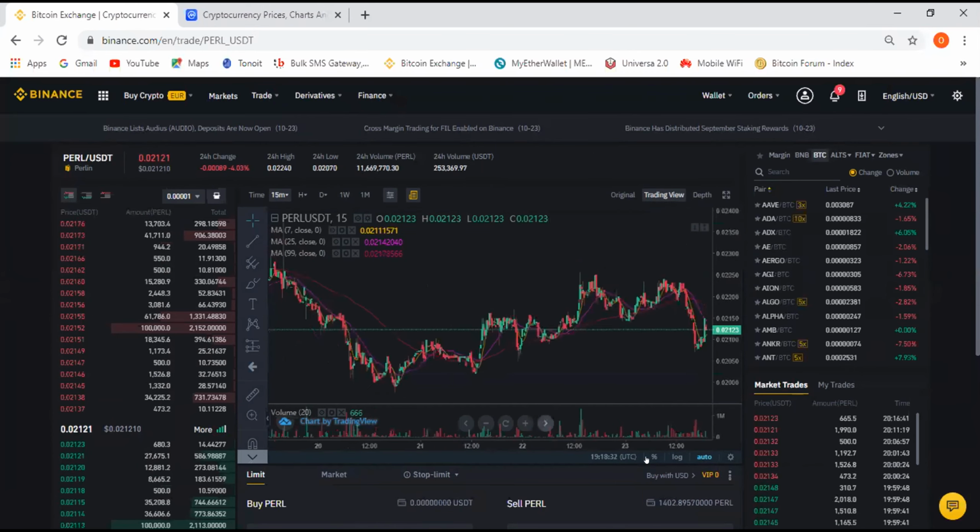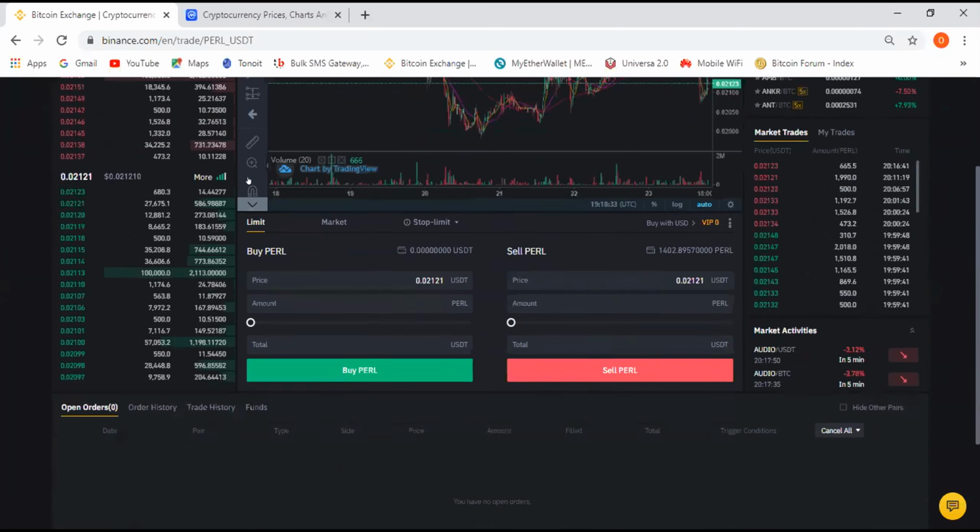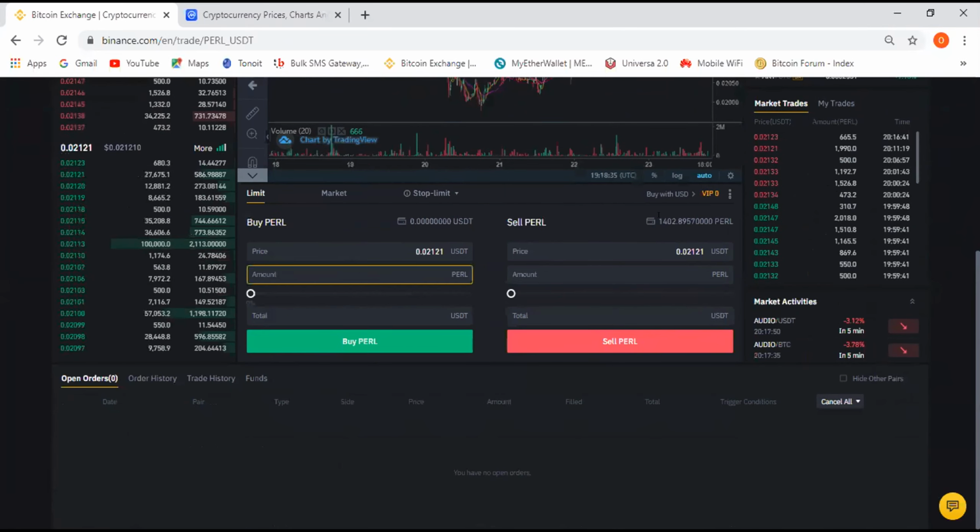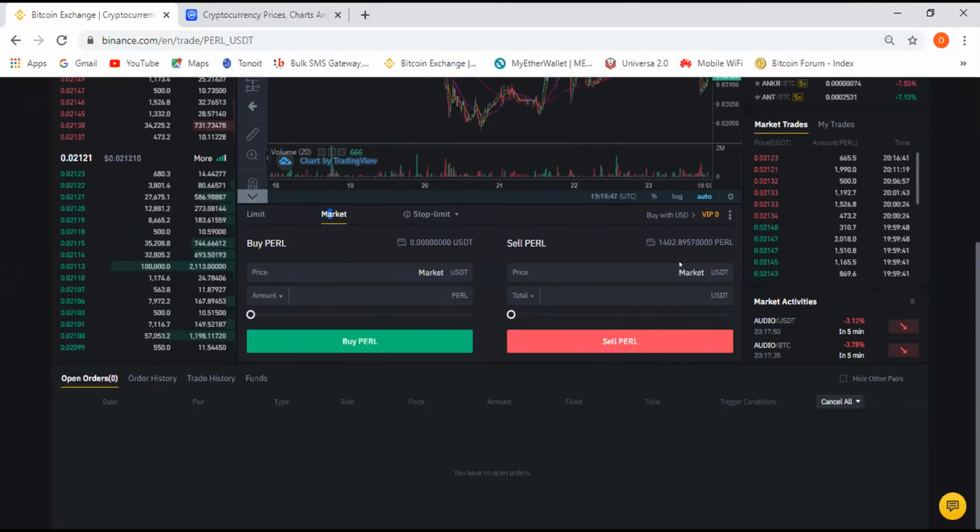So I go down, then I see my Perlin, I have 1,000. I want to sell by market. It's always on default for limit, so you click on market and move to 100%.